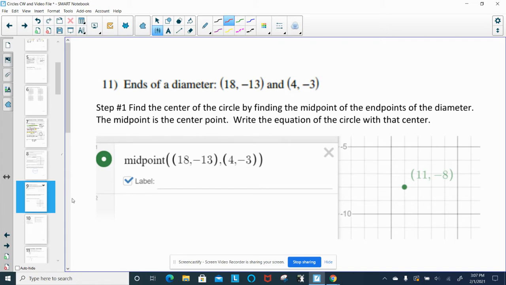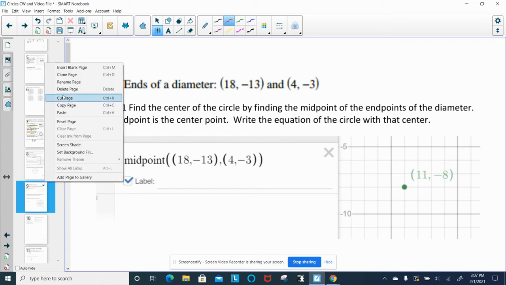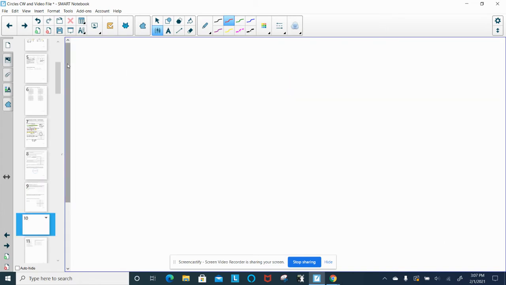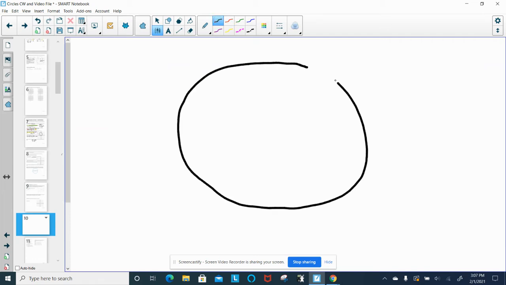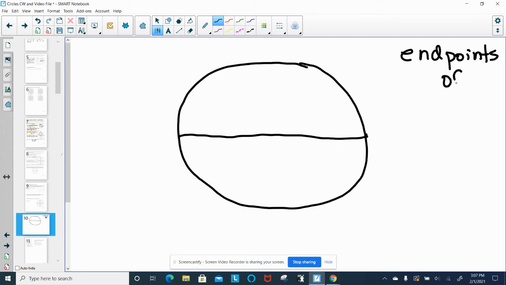So let's take a minute, and this is not in your notes, but I'm just going to pull up a blank slide. I want to envision together, here's our circle. They have given us the end points of a diameter.